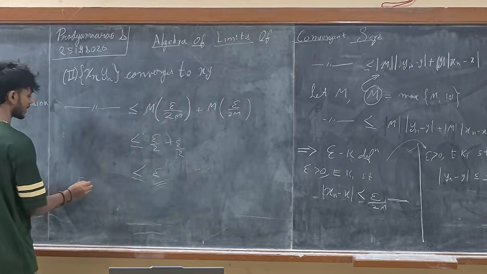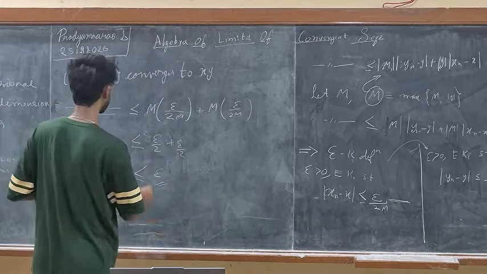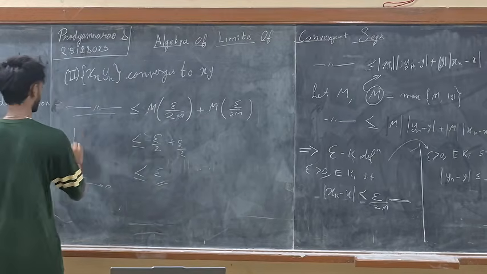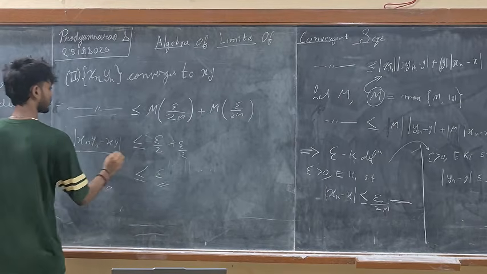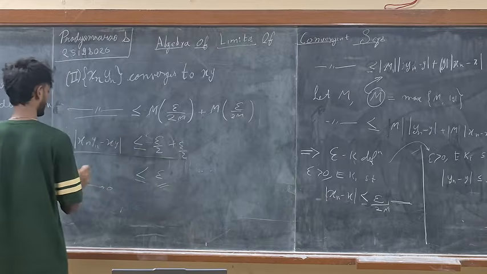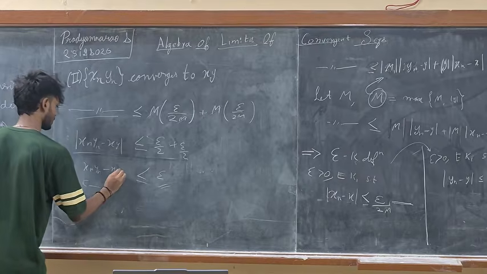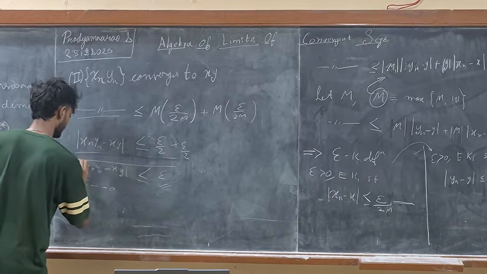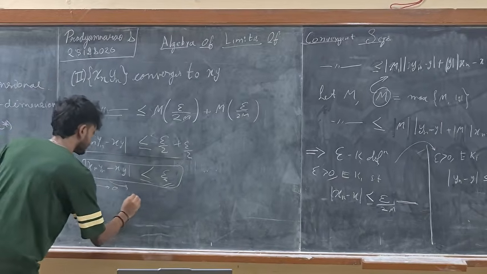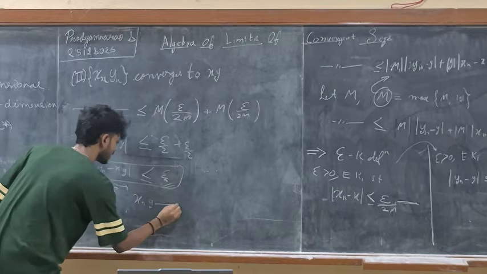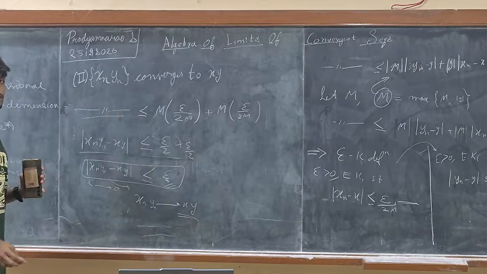So we can assume that as epsilon tends to 0, we can write that xn and yn tends to x and y. So with this we have proved our second theorem.